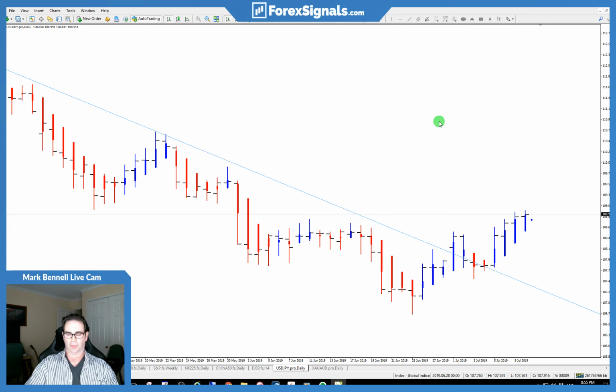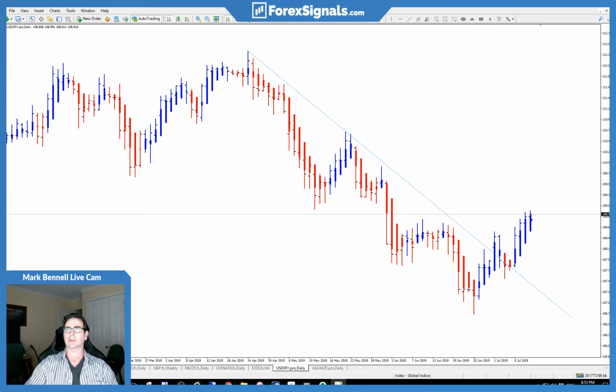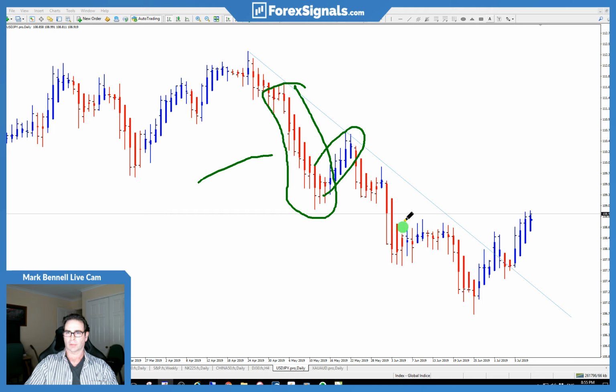So I guess the pros and cons: the trend is all one colour. So we're not getting that, I suppose, noise in between that may throw some people off.